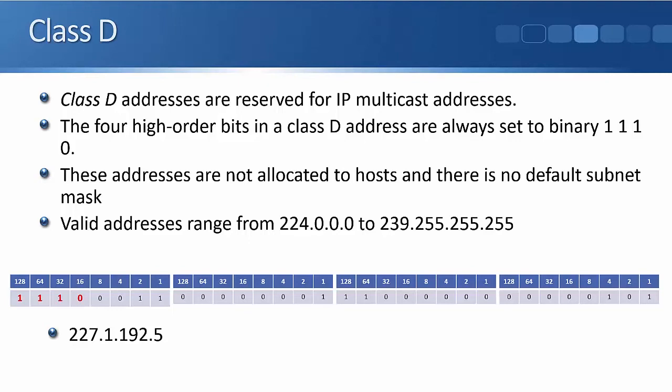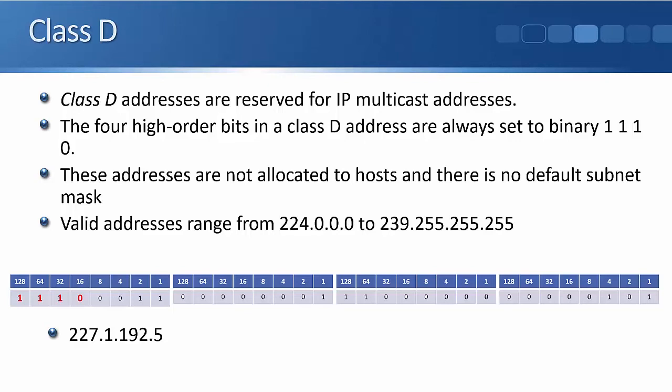With Class D, the 4 high order bits, the first 4 bits in the first octet, are always set to the binary value of 1110. We can actually count this up. If you look at the first octet down in the bottom left here, we've assigned the bits 1110. A Class D always begins like that. So if we add these up, 128 plus 64 plus 32 is 224. So the lowest address is going to be 224.